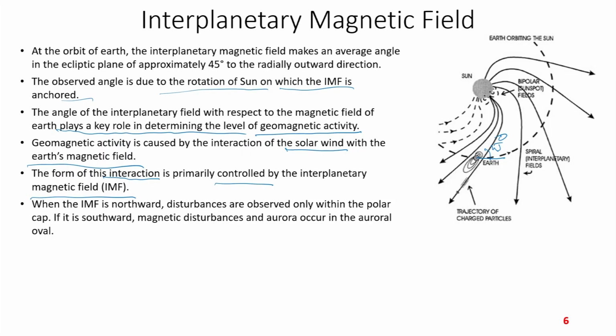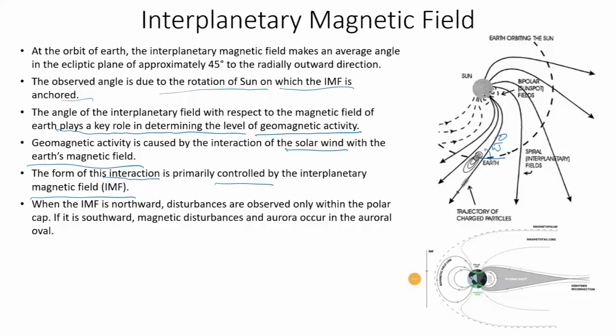When the interplanetary magnetic field is northward, the disturbances are observed only within the polar cap. Again, this needs an explanation when we explain the Earth's magnetic field, that is, the magnetosphere, but I will tell you in short.